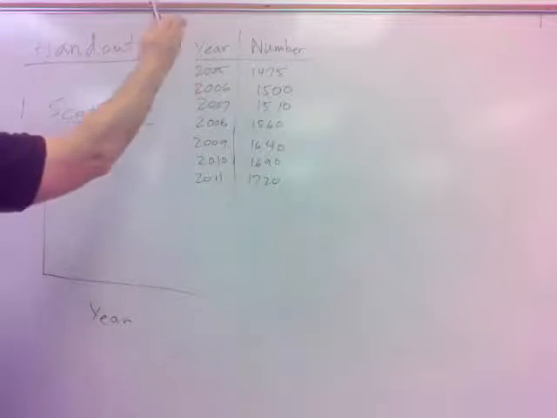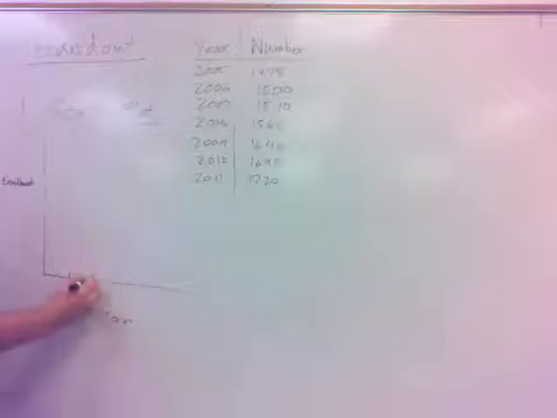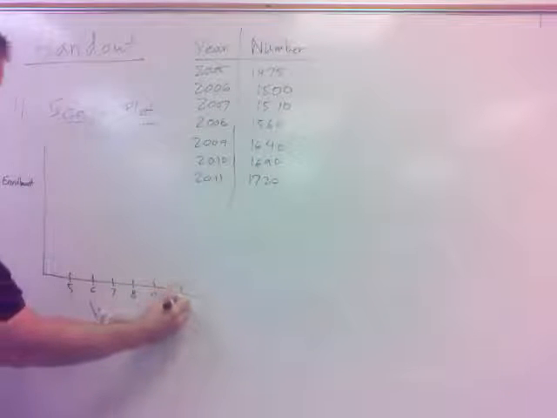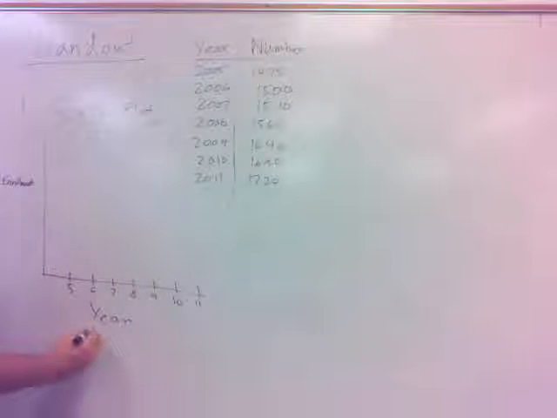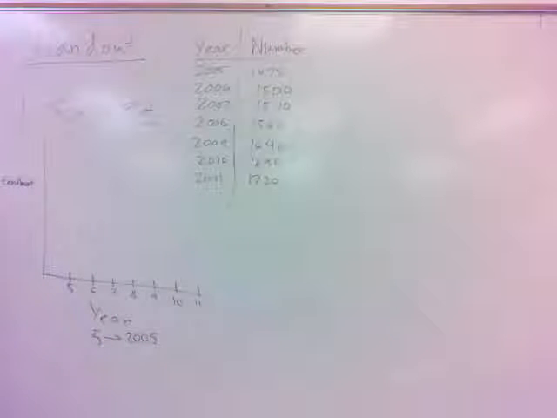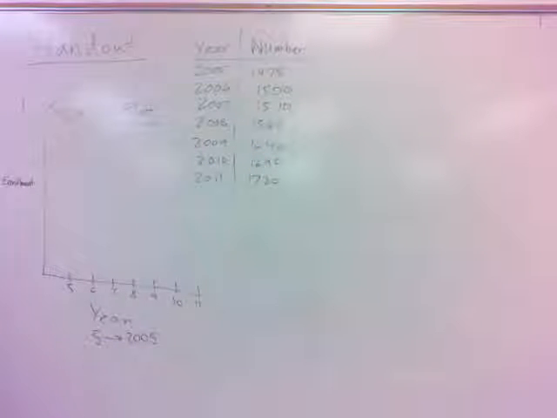Again, however you want to, I can mark it off 2005, 2006, but in a moment I will change this up anyway. So let me just say this is 5, 6, 7. Let me go ahead and make the transition here, 10, and then 11. So 5 is going to go to year 2005. Then my enrollments, well, it's 1475 to 1720, so I need to mark off maybe in increments of 50s. Start at 1400 or 1450, something like that.